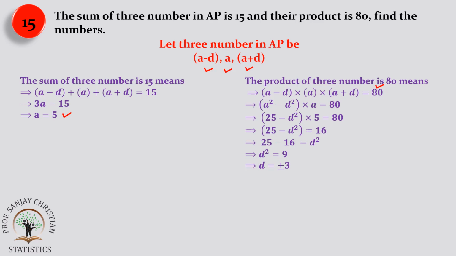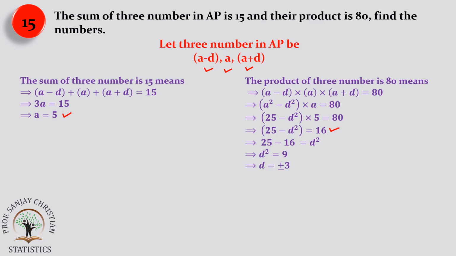Now, we know the value of A as 5. So, if we keep the value of A as 5 at these two places, 5 square is 25, minus D square, into 5 is equal to 80. Now, if we take 5 in the denominator, 80 upon 5 we are going to get as 16.